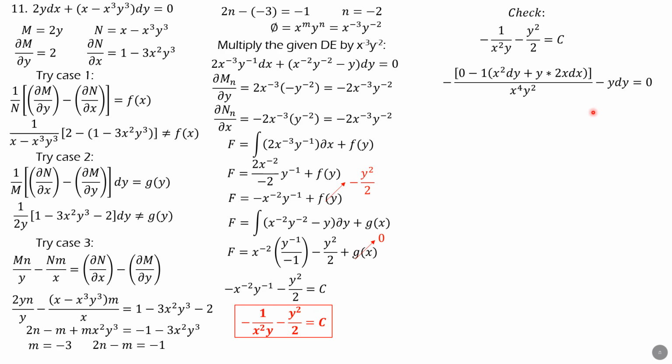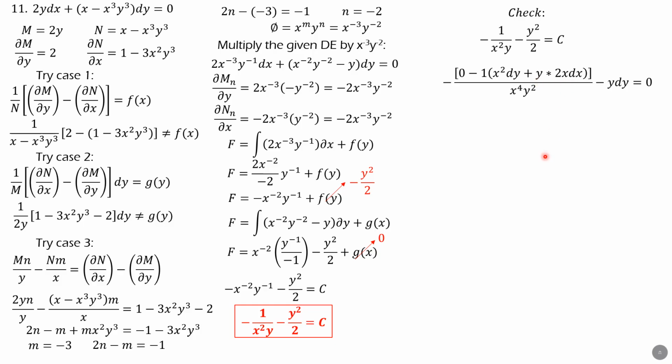So simplifying further by multiplying everything by x to the fourth y square, LCD. So this becomes negative negative, so positive x squared dy plus 2xy dx.